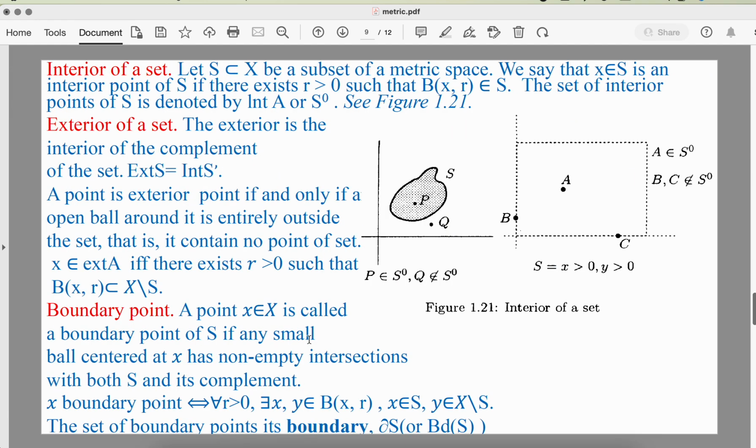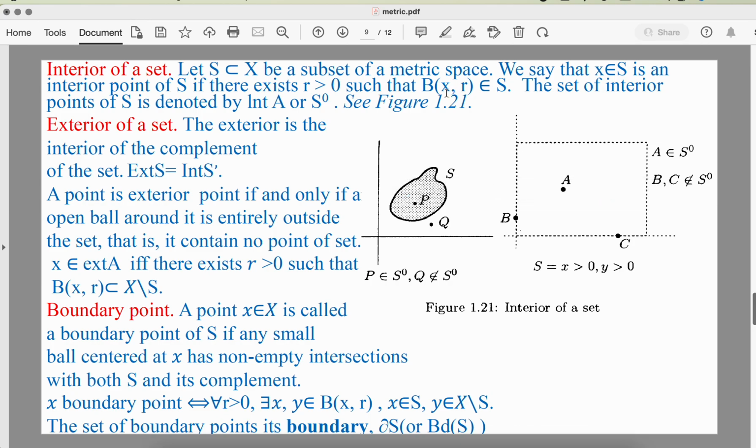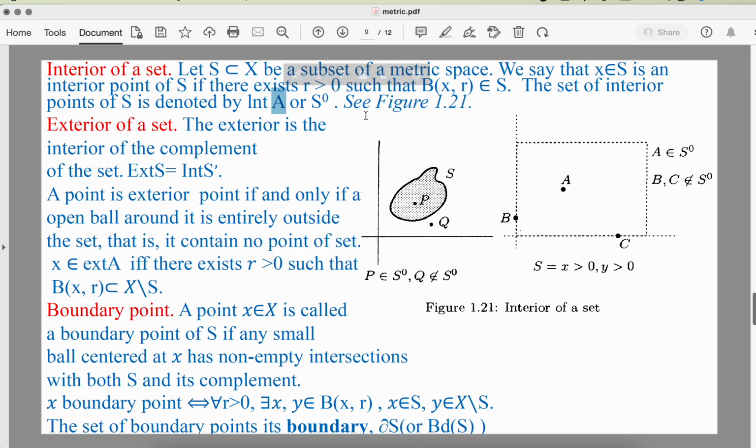Now the interior of a set. Let S be a subset of X, and X be a metric space. Then we say that x belonging to S is an interior point of S if there exists r greater than 0 such that the open ball centered at x and radius r is contained in S. The set of interior points is denoted by interior of S, or we write S with a dot, S naught.